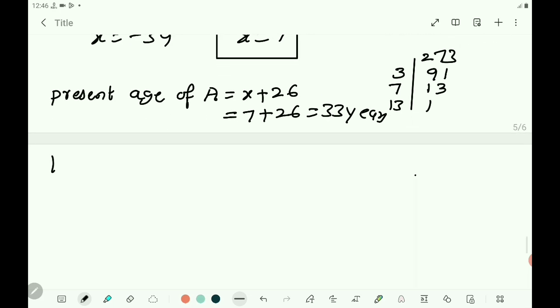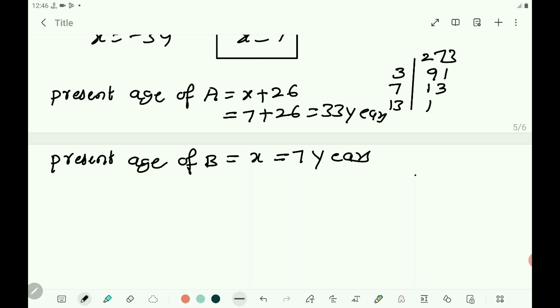And present age of B equals x years, that is 7 years. A is 33 years, B is 7 years.